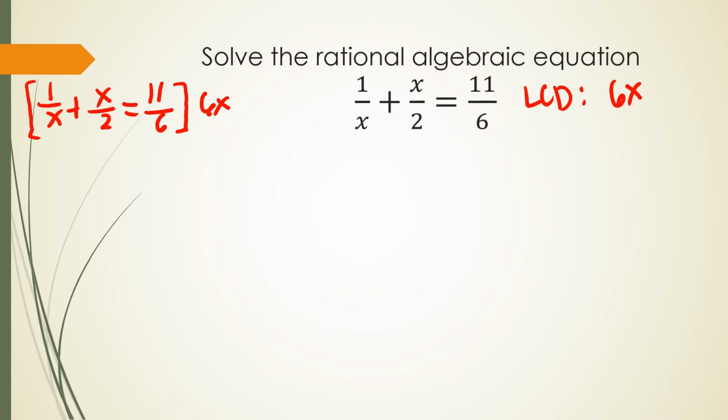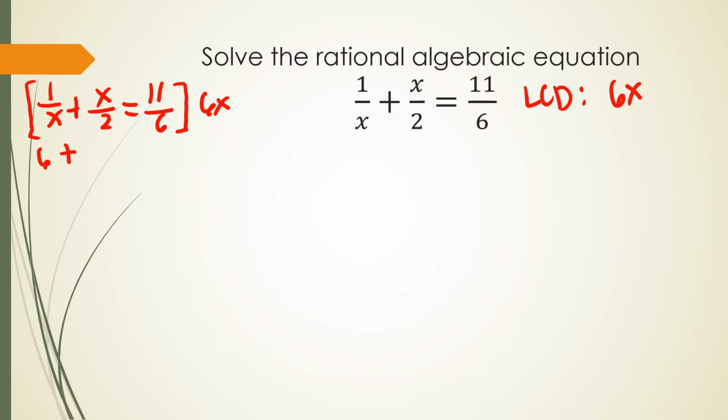So, let's rewrite our given. We have here 1 over x plus x over 2 is equal to 11 over 6. We need to multiply both sides of the given rational algebraic equation by the LCD, 6x. So, LCD divided by the denominator times the numerator. So, 6x divided by x, that is 6 times 1, we have 6.